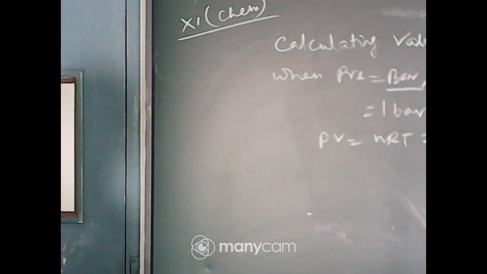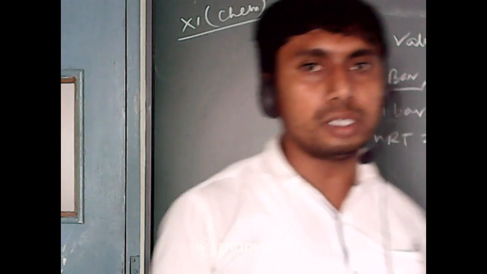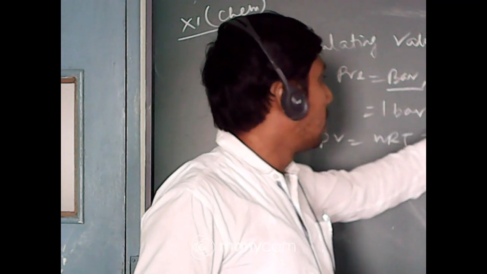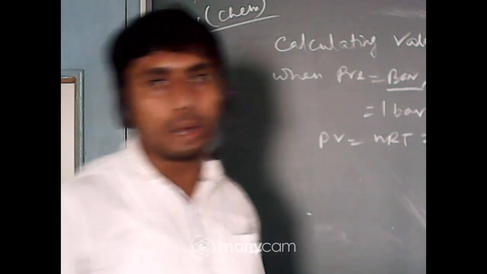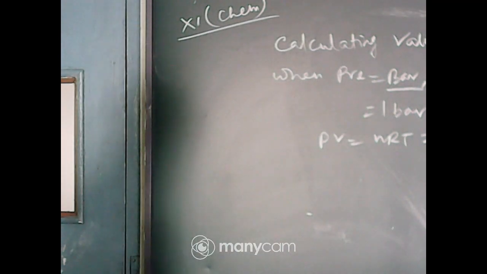So this is one unit. In a mathematical problem, you have to find out in which unit the data is given. If it is given in liter and atmosphere, then you have to put the value of R as 0.082. Now, what is the value of R in SI unit?